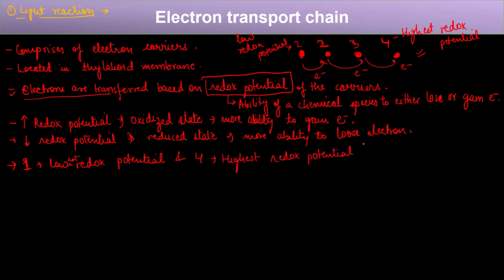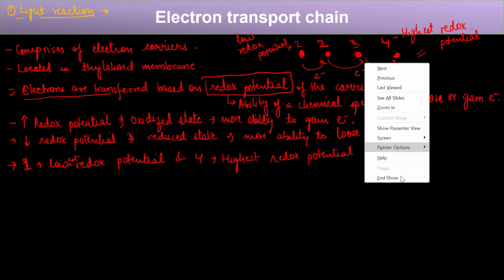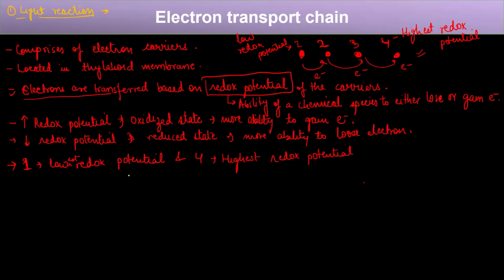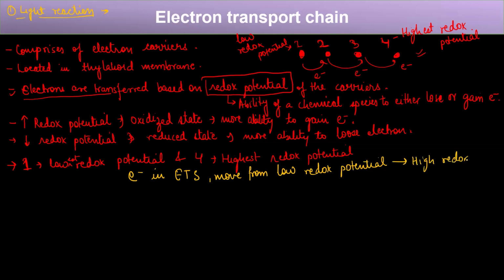And which means what? It simply means that the electrons in the electron transport chain, which I'm representing by ETS, move from low redox potential to high redox potential.